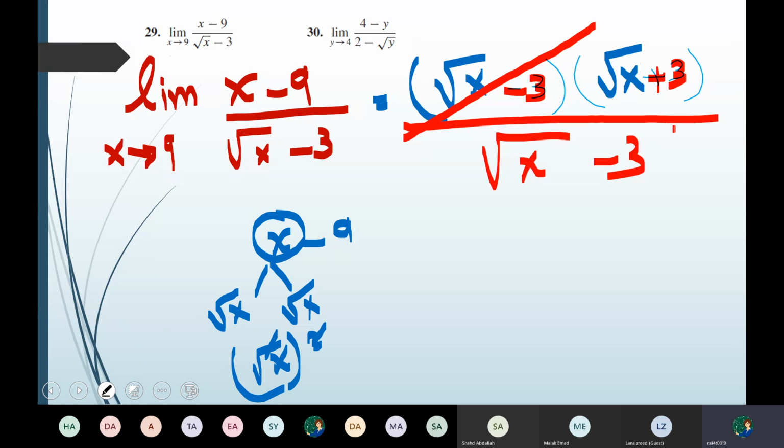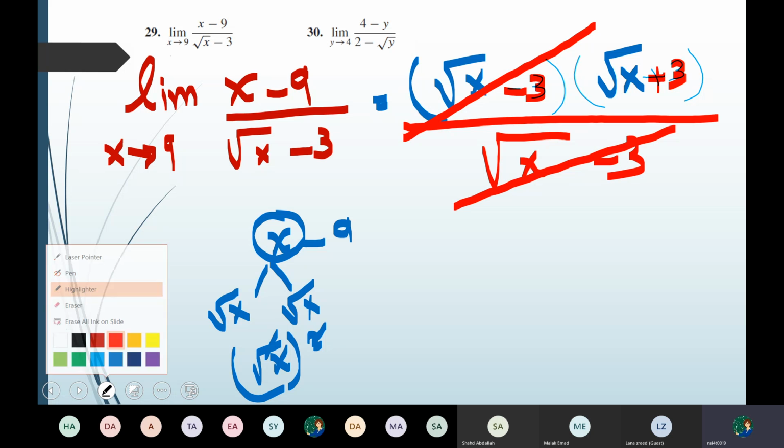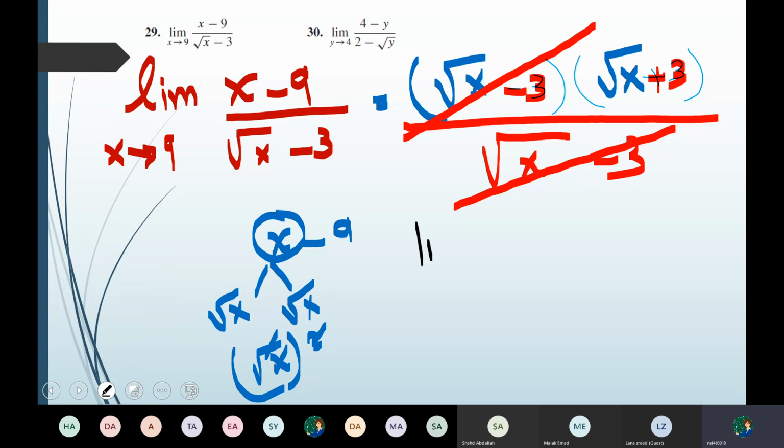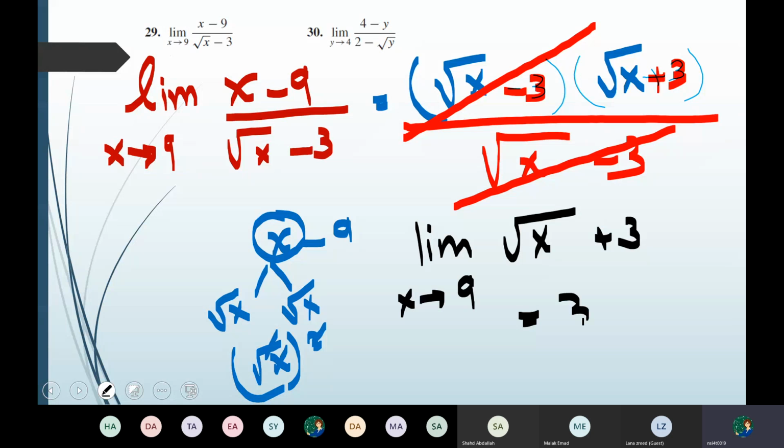Then I will cancel them. So I will get now the limit of square root of x plus 3 when x approaches 9, and I will get 3 plus 3 equals 6.